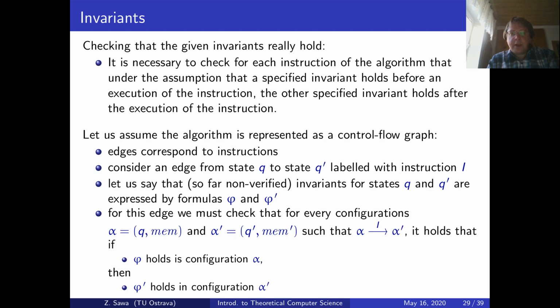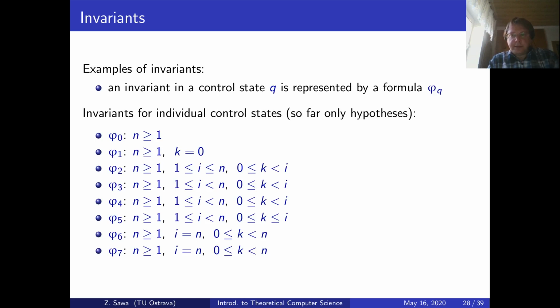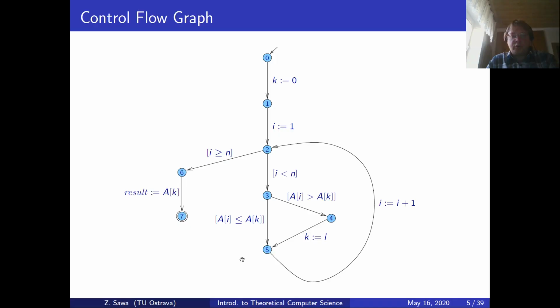So if we now have these hypotheses about invariants that hold in different states, there could be a way to check that these invariants really hold in all computations, and the idea is that we just need to check each edge, each transition in the control flow graph.